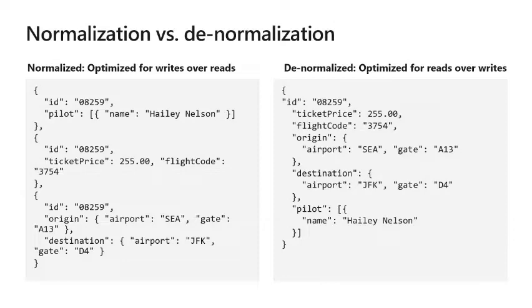So, normalization, denormalization. Denormalized documents can be expensive to update. Denormalization has benefits for read operations, but you must weigh these benefits against the cost.